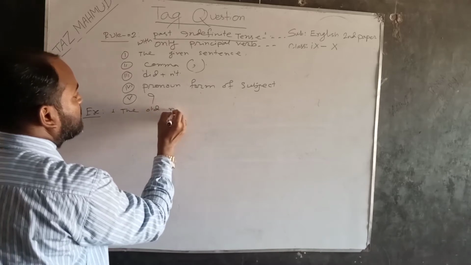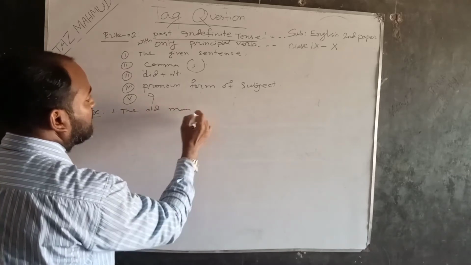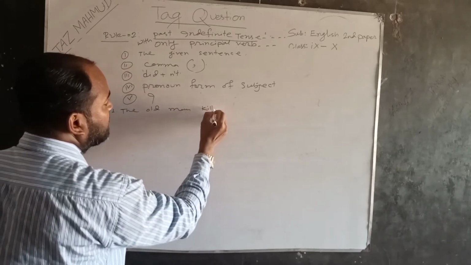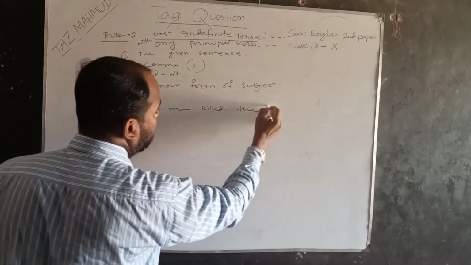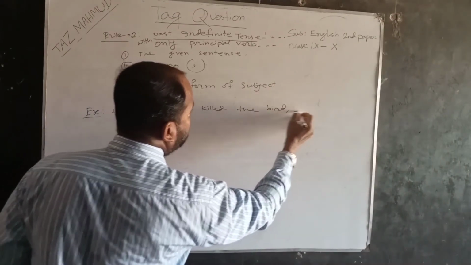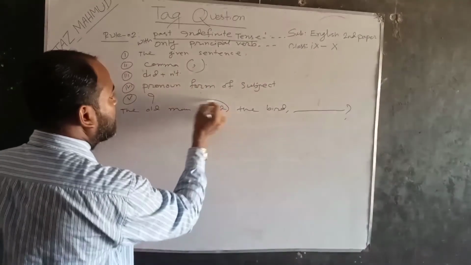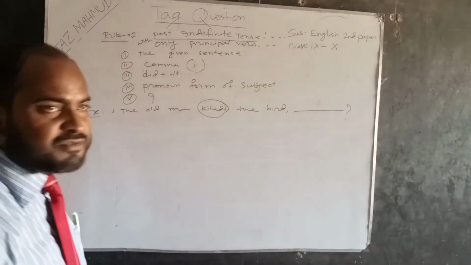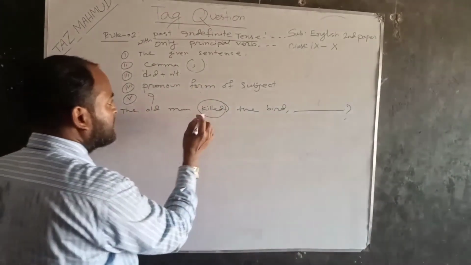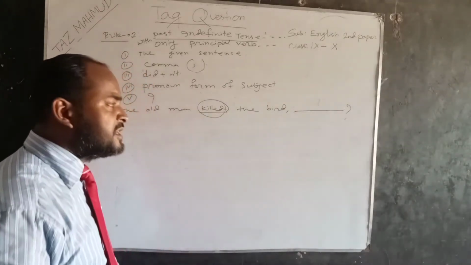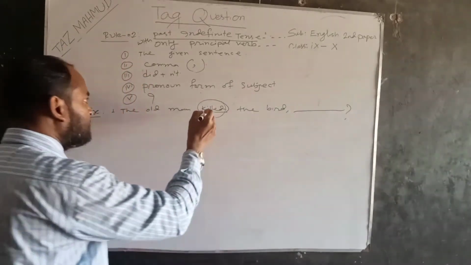The old man killed the bird. Okay, dear learners, the verb is past form. In this sentence the verb is past form, principal verb past form.